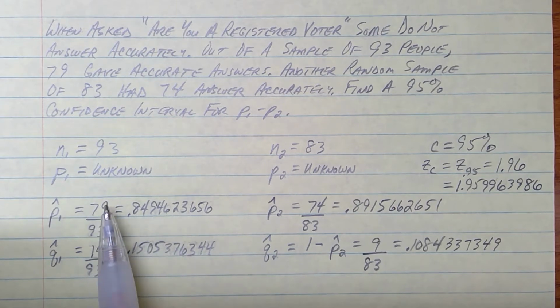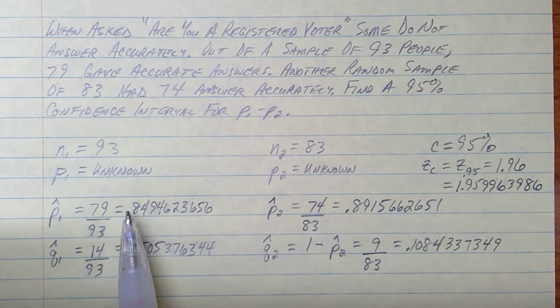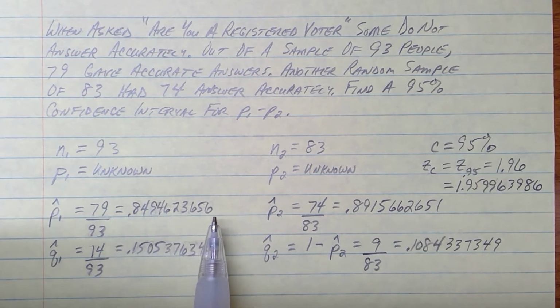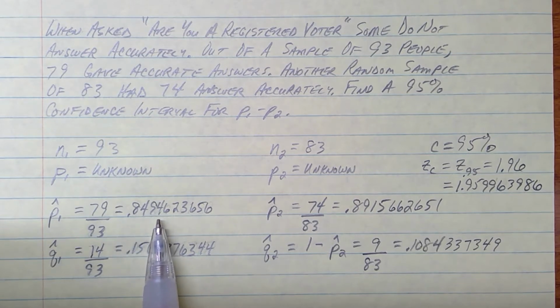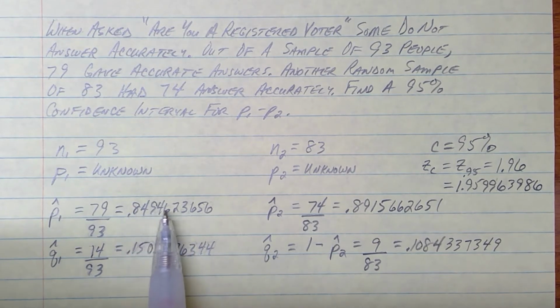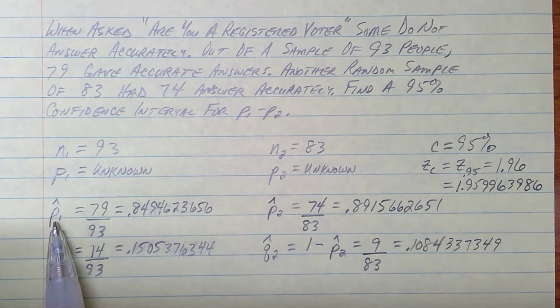So you can use either the fraction 79 out of 93 in your calculations, or you can change it to a decimal. Now, the more decimal places you use, the better. Some people will say, as long as you use 4 decimal places, you'll be fine. So 0.8495 is fine most of the time. If you can't get your final answer to match up, go back and use a more exact version of that symbol.